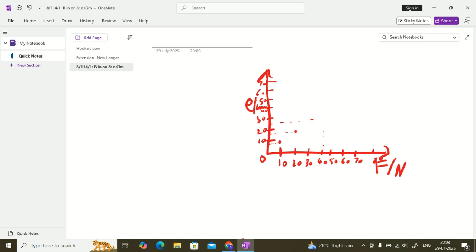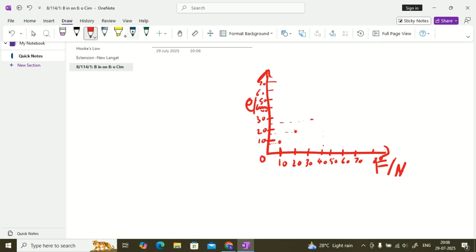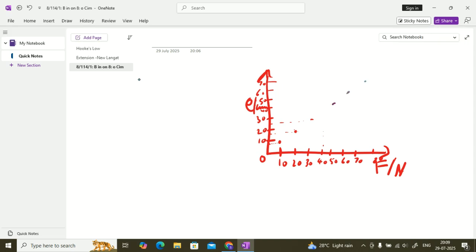It is just to understand that whenever we plot a force versus extension graph, what are we going to get? If we try to join all the points, we are going to get a best fit line. If you draw it, we are going to get a straight line passing through the origin.